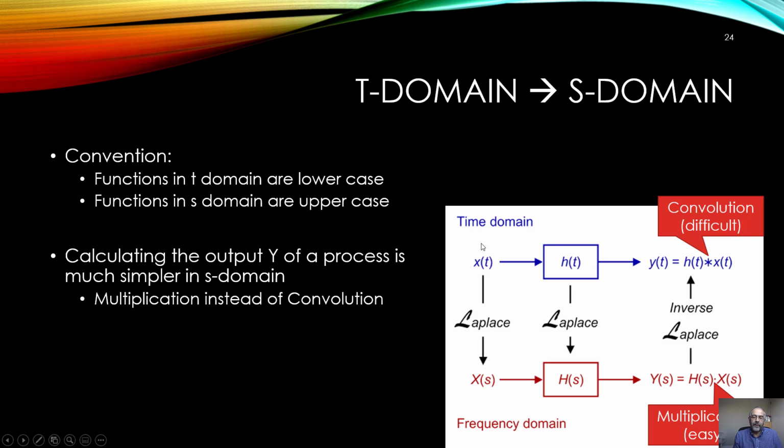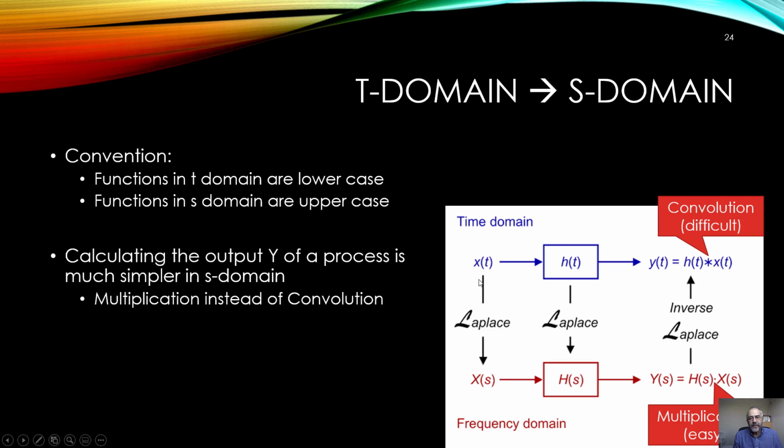So instead of the input being a function x of t, it's now a function x of s. And for the S domain, we usually use uppercase characters. For the time domain, we use lowercase characters. So this is a small x, and this is a big X.